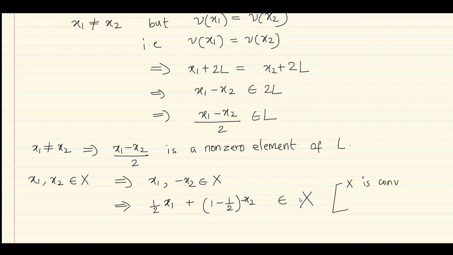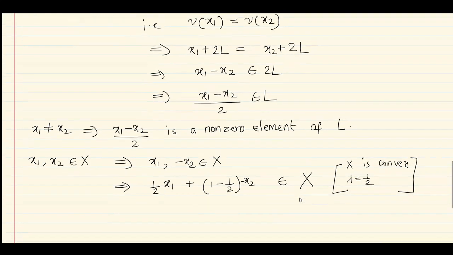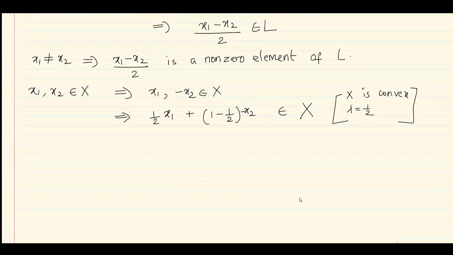We have used the definition of a convex set by taking lambda equal to half. This implies (x1 minus x2)/2 is an element of X.